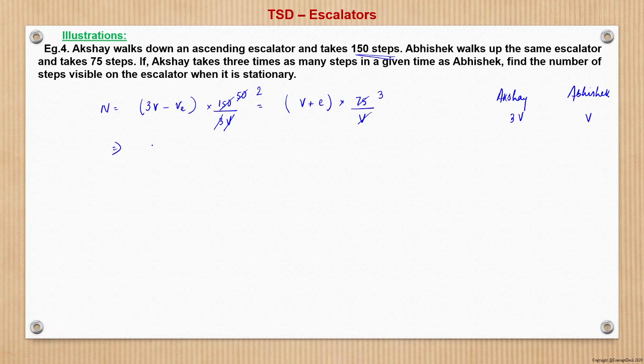Now we'll simplify this. 6V minus 2Ve is equal to 3V plus 3Ve. So from here we can say that 3V is equal to 5Ve, that is Ve upon V is equal to 3 by 5.